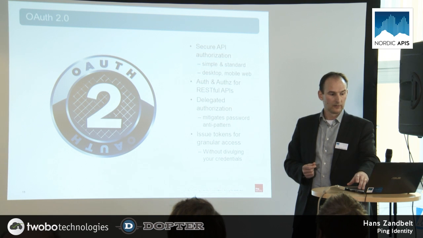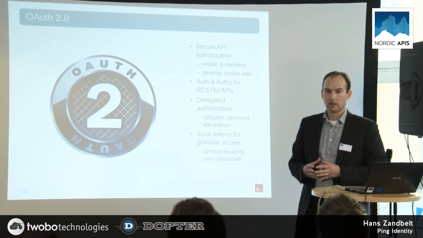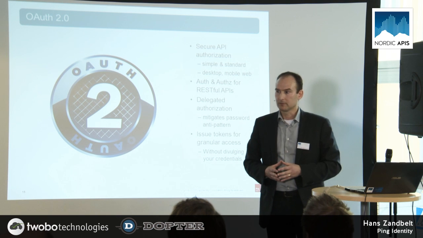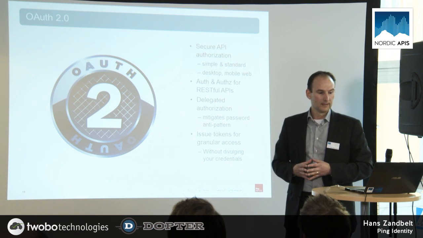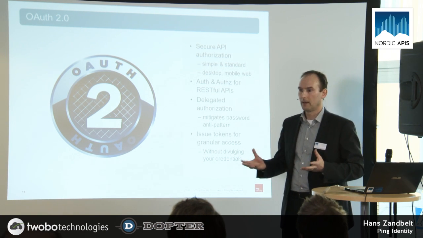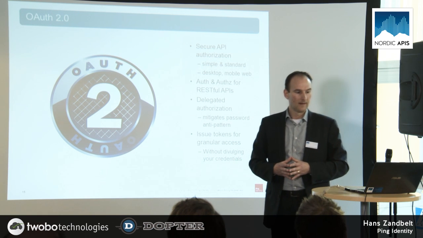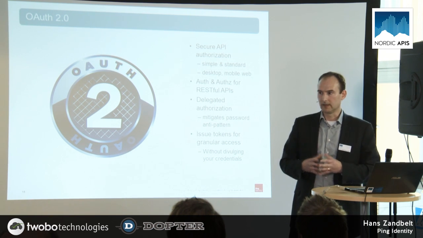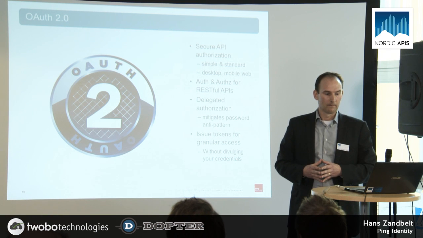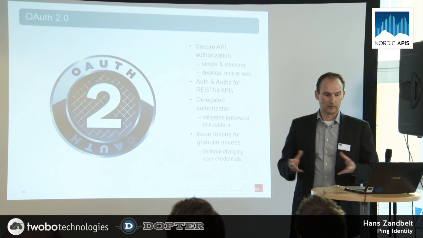So what is OAuth 2.0? Well, I won't go into any detail because, for example, Travels will do that, the flows, but it allows for secure API authorization or delegation. It's a very simple standard, REST-y, JSON-like, and it allows you to secure your RESTful APIs.